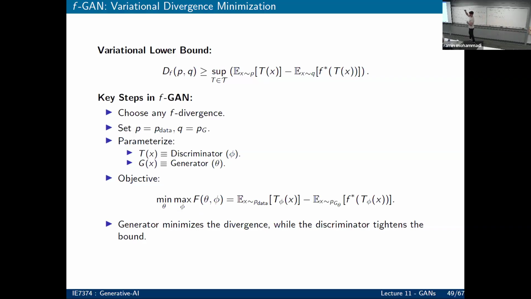What's the maximum value? So we say that this is always greater than this. Overall, what we use here instead of KL divergence is F divergence. So this is called F-GAN. The idea is that you pick any of those f functions that you saw from the table. You decide which one you want to use.